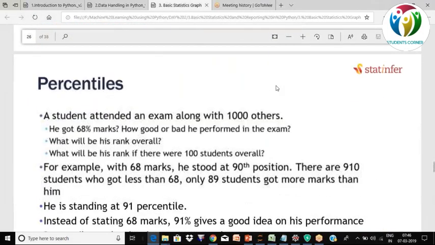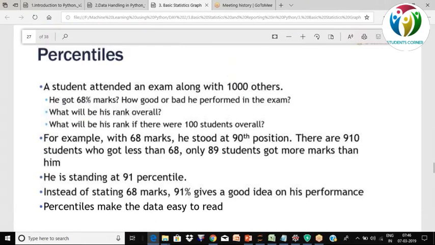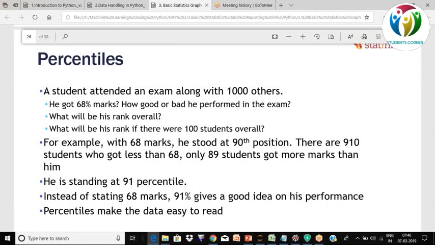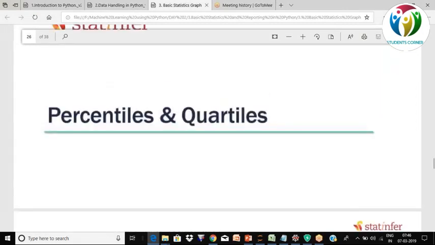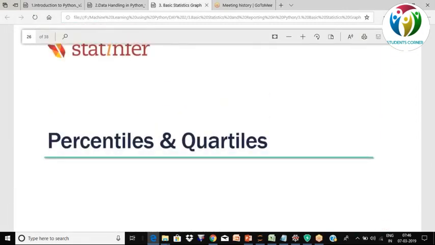Now let's look at percentiles. So any idea on what percentiles are? I'm sure you must have heard about percentile. Any idea from anyone? So, percent is basically out of 100.